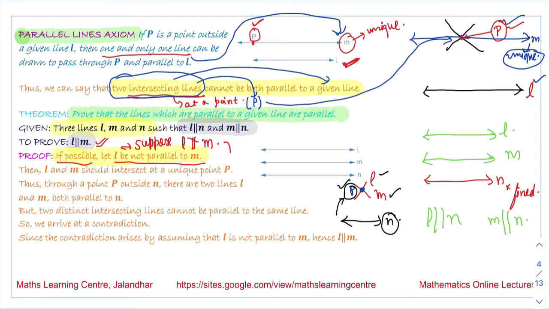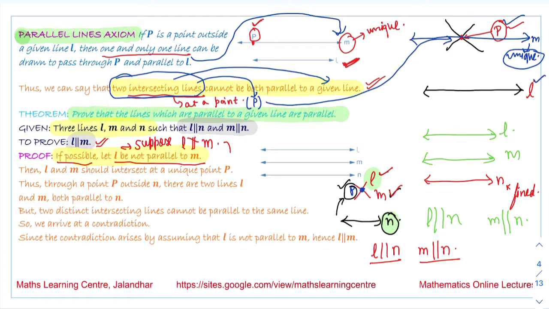What is given in the problem is that L is parallel to N, and M is parallel to N. From our previous result we know that two intersecting lines cannot both be parallel to a given line.